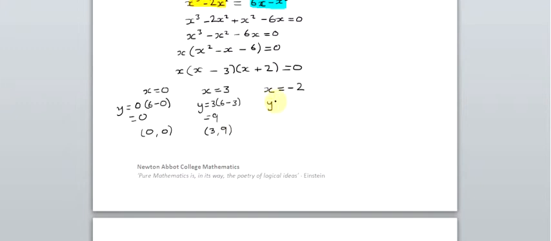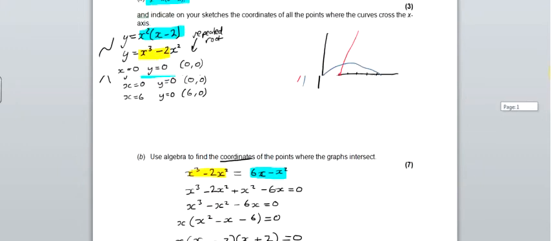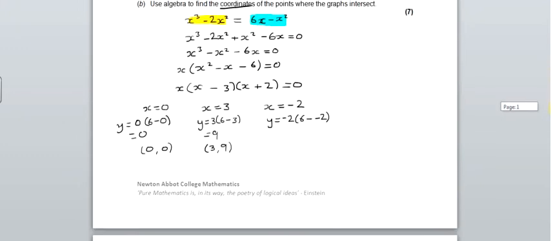And then y is equal to minus 2 times 6 minus 2, which, have I done that right? Let's just check that. Yes, it is, isn't it?